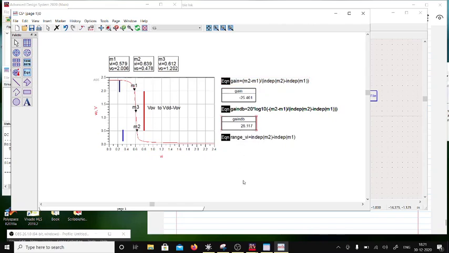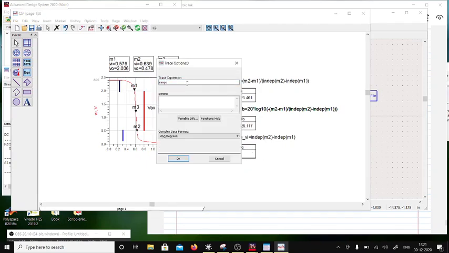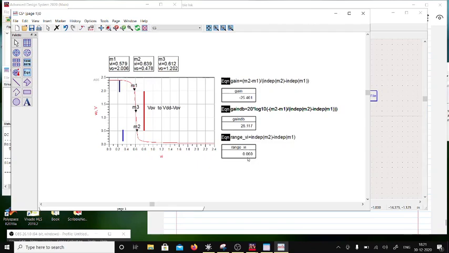And let me put here range vi. Control C, Control V. Range vi, sorry. So range vi is only 60 millivolts.